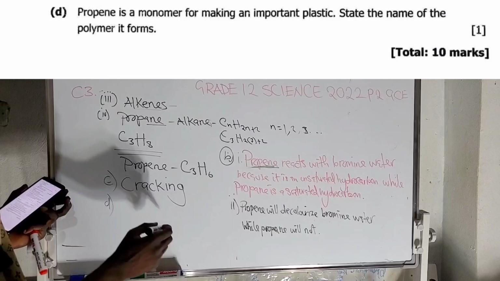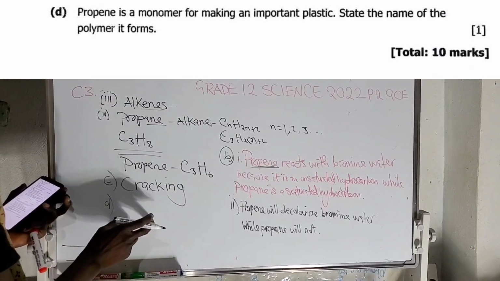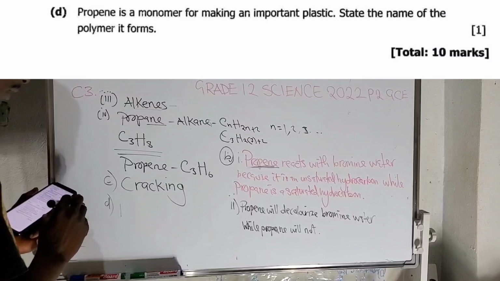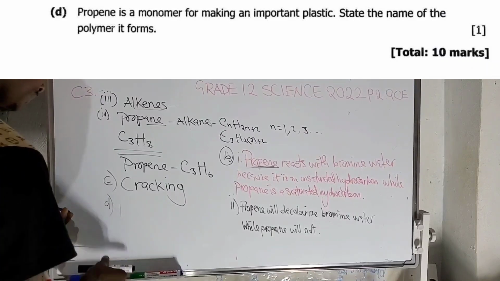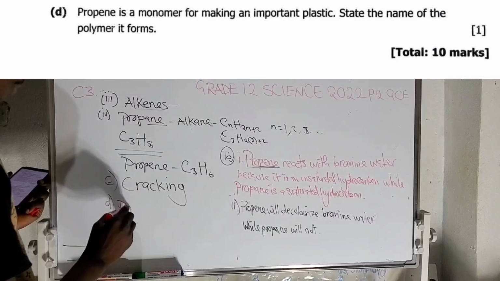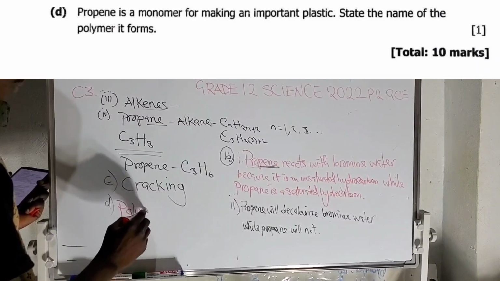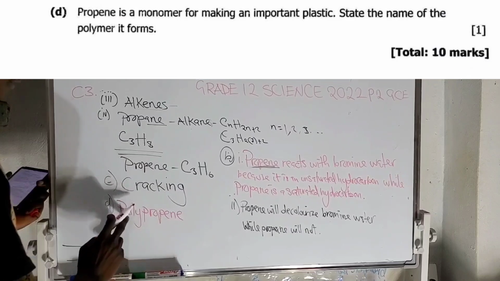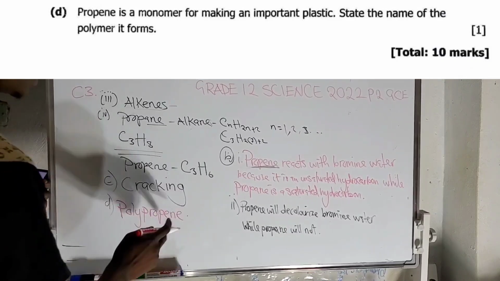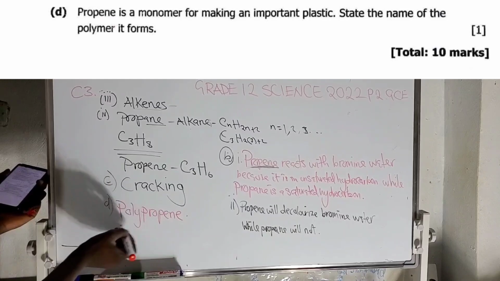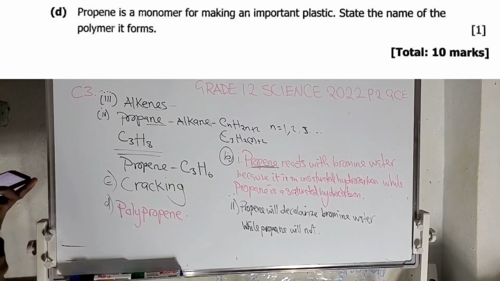So propene is a monomer, so the polymer will be called polypropene. The monomer is propene, the polymer will be polypropene. Okay, that's all to this question.